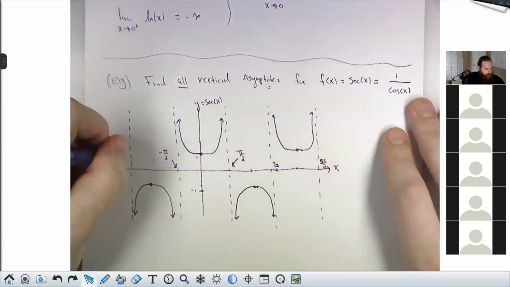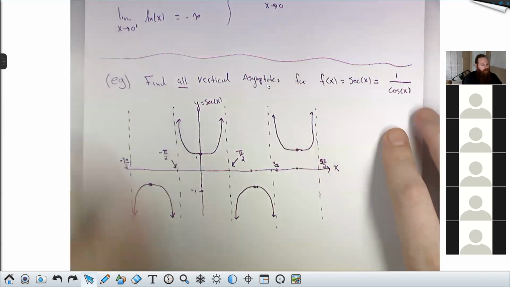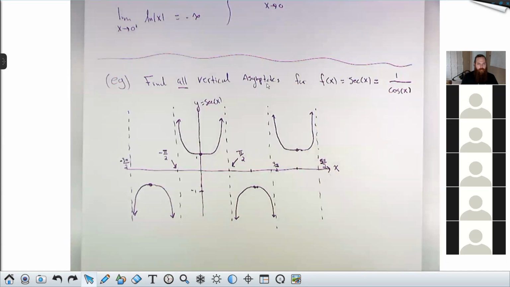This guy right here is -3 pi over 2. So you can find these VAs by thinking of secant as 1 over cosine, and then just figuring out where cosine is equal to 0, because you know in the limit, as cos goes towards 0, secant will be going either towards positive or negative infinity.